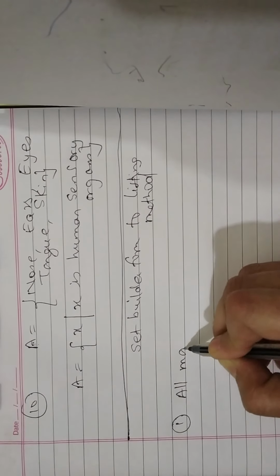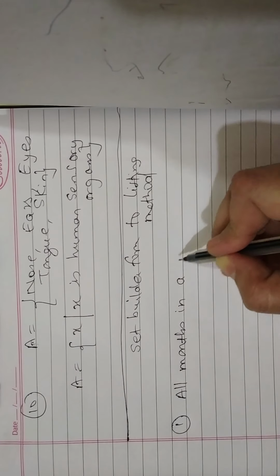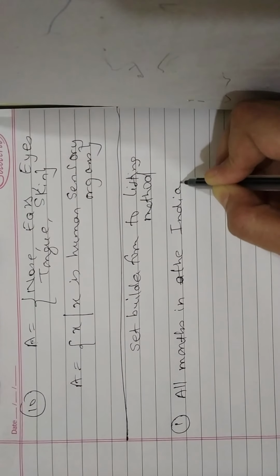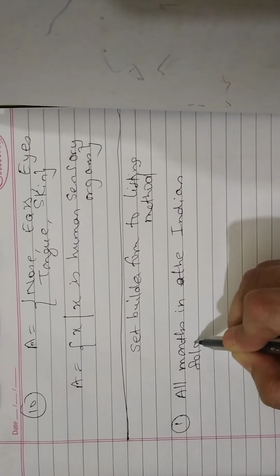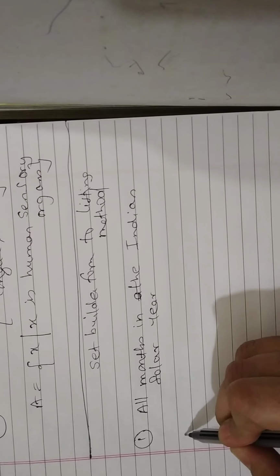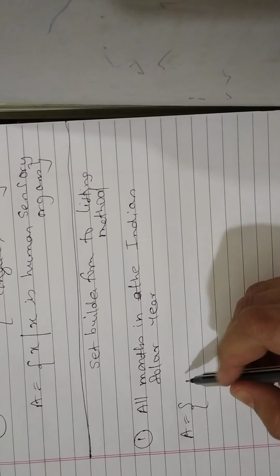First, all months in an Indian solar year. So, how are we going to write it in listing method? I am going to teach you. A is equal to, we'll take A, B, C, D. We can write all.